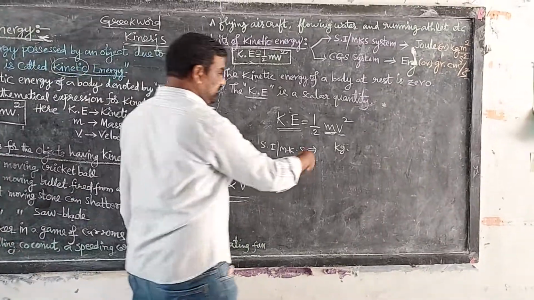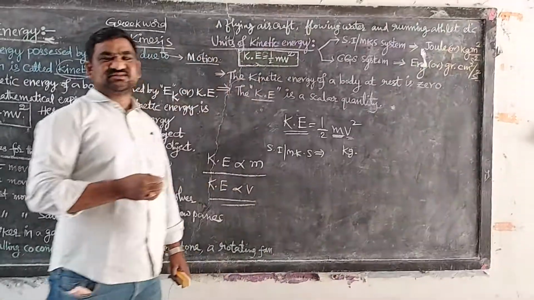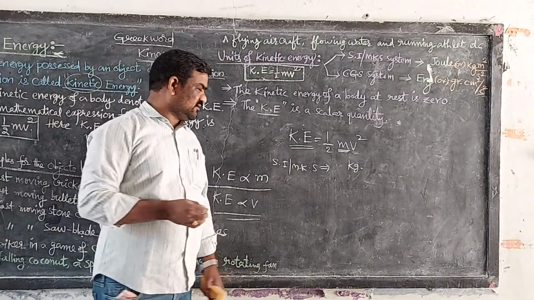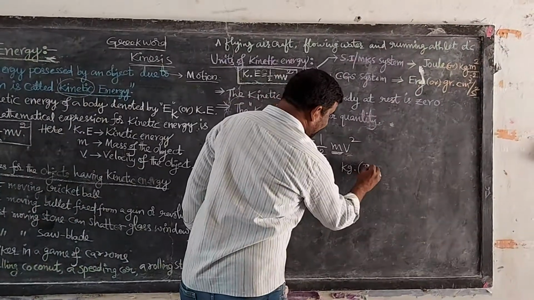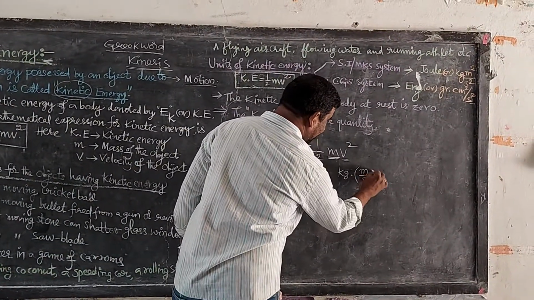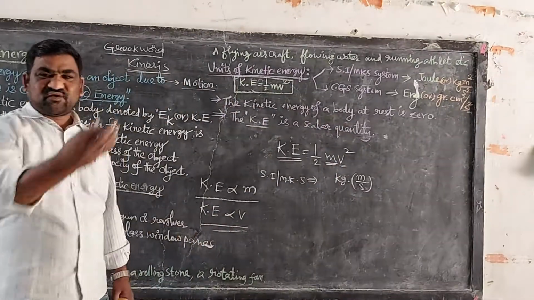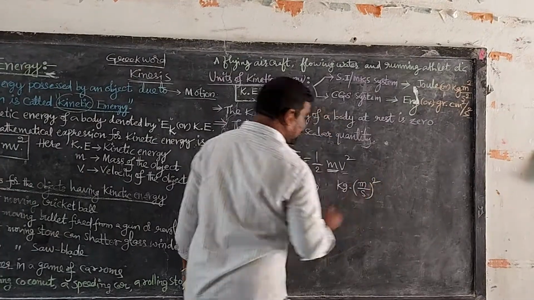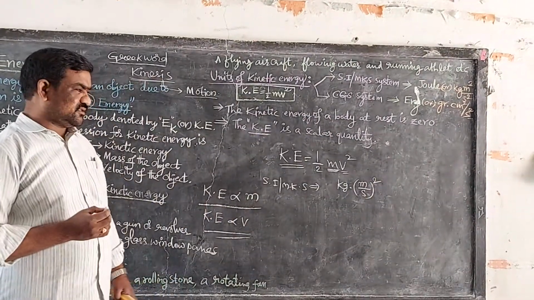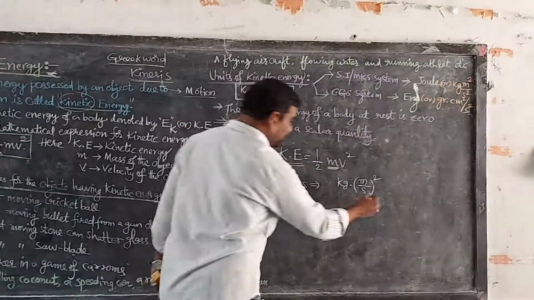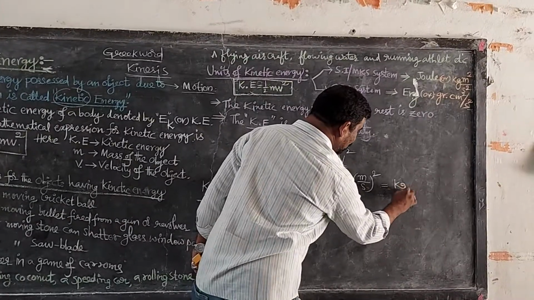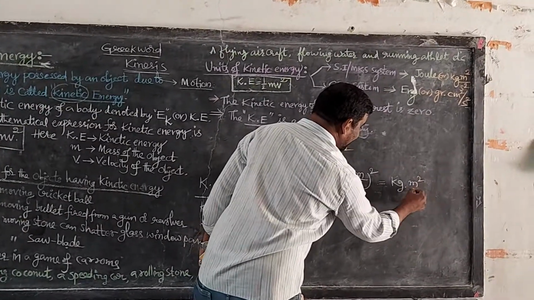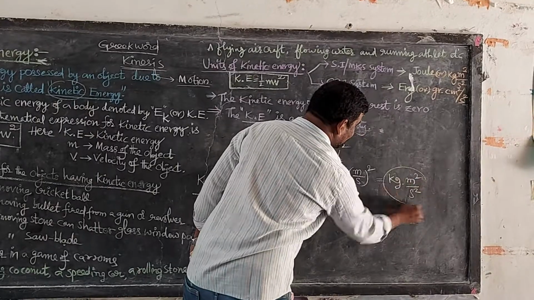So if you write the units of velocity in the same SI or MKS system, that is meter by second. But we have square to the velocity. So that's why here also we have to write square for the meter by second. Then it becomes kg into meter square by second square.